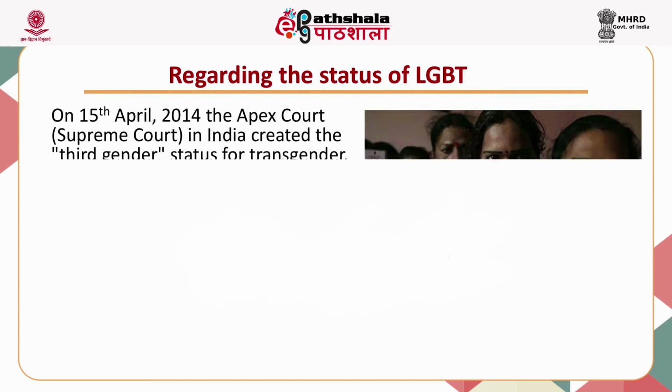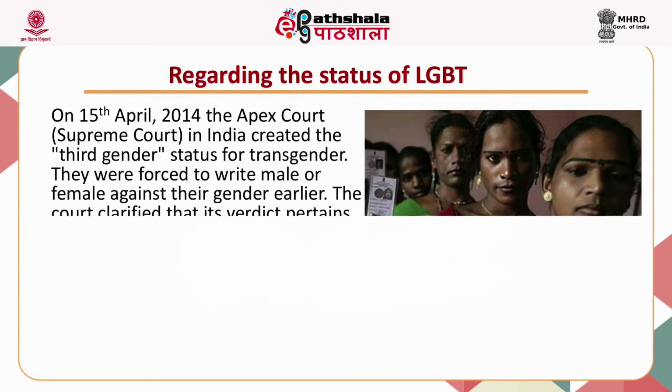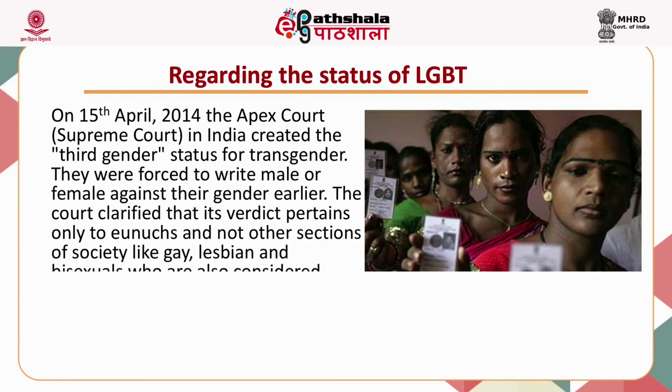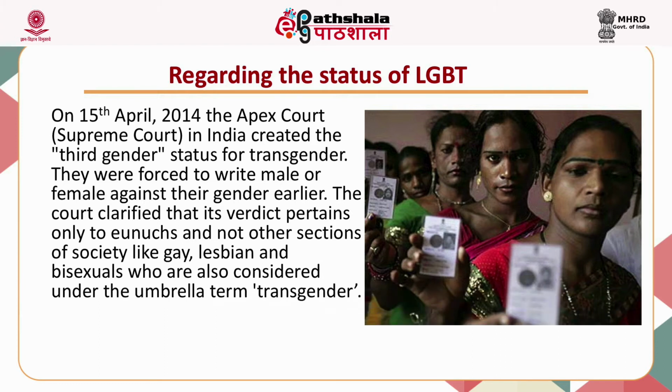On 15th April 2014, the apex court, the Supreme Court in India, created the third gender status for transgenders. They were forced to write female or male against their gender earlier. The court clarified that its verdict pertains only to eunuchs and not to other sections of the society like gays, lesbians, bisexuals, who are also considered under the umbrella term transgenders.